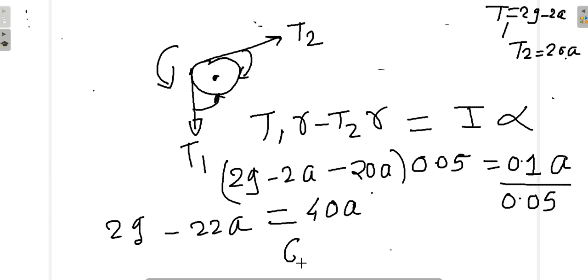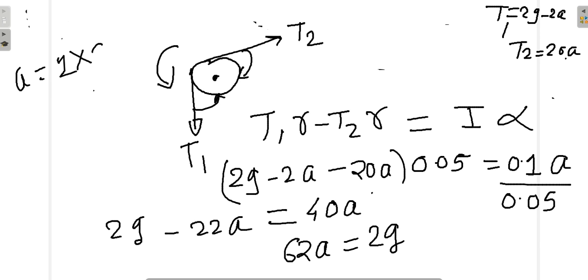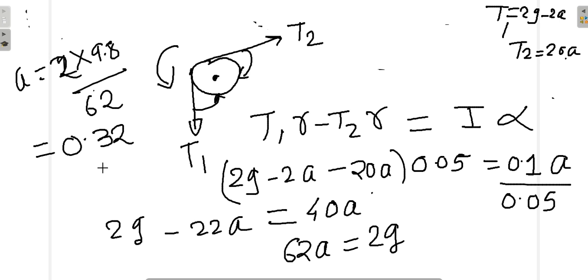So I have 62a equal to 2g, and that gives you a as 2 into 9.8 upon 62. It's 0.32 approximately.